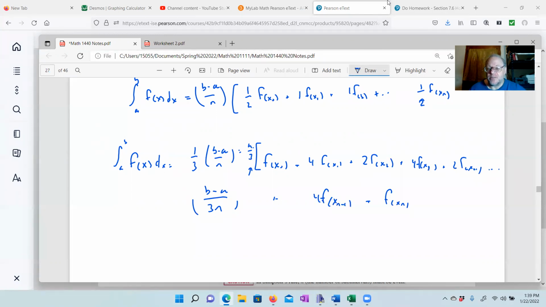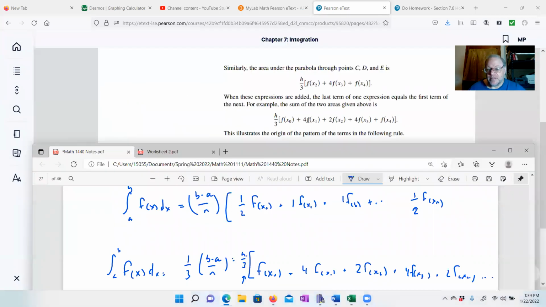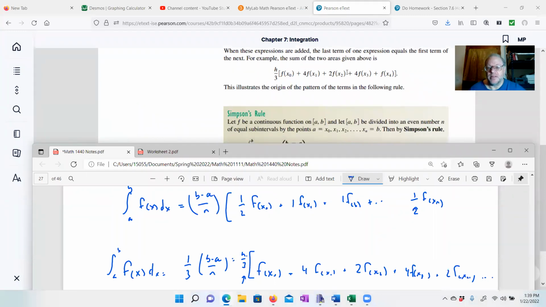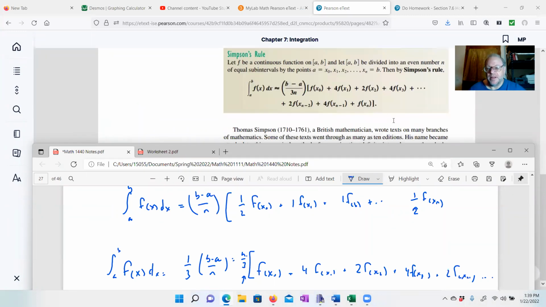So the second to last, penultimate, that's what the second to last means, is penultimate. The second to last one has to have a 4, the last one has to have an n. That means you're always going to have an even number of n's in order to do this. So it has to be divided by an even number of n's.